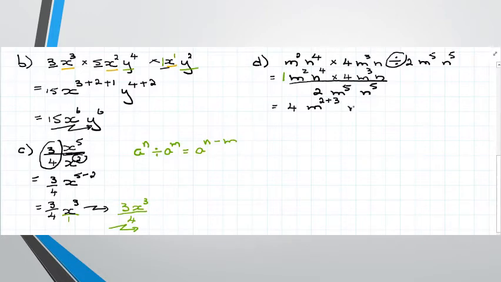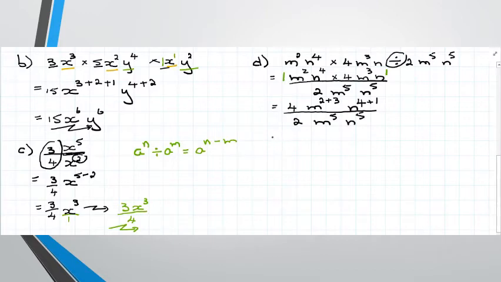Now the n, if the bases are the same, and also keep in mind that there's a hidden information of the n to be 1. So therefore, I'm going to say 4 for the multiplication plus the 1. And everything I'm going to divide that by 2 m to the 5 n to the 5.